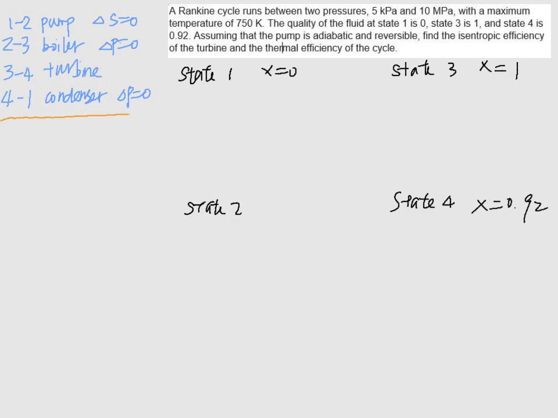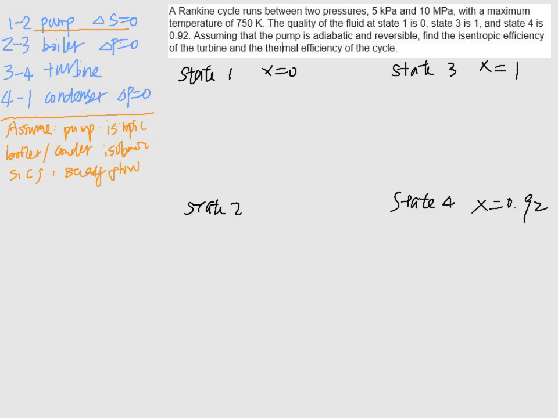And like what we usually do, let's list our assumptions. We're going to assume that the pump is isentropic. Actually, we already mentioned it here, but we're going to say that anyway. So the pump is isentropic, and the boiler and the condenser are isobaric, and it's a simple compressible substance, and also steady flow.